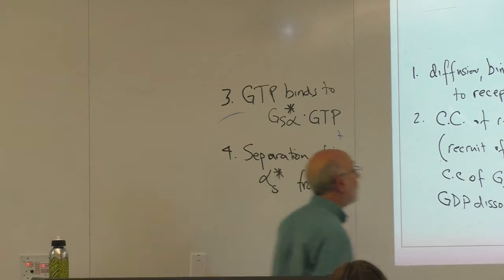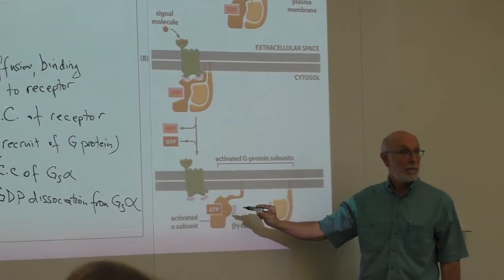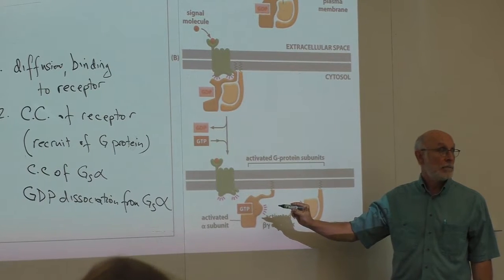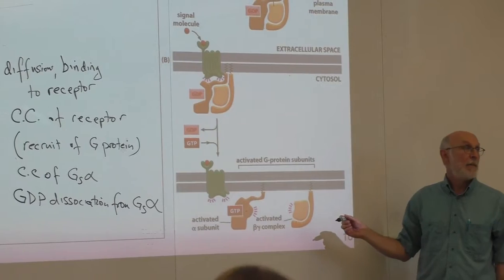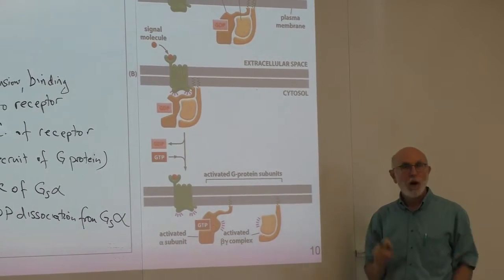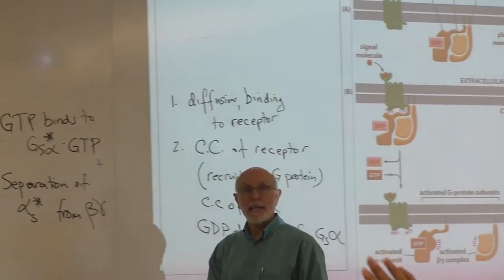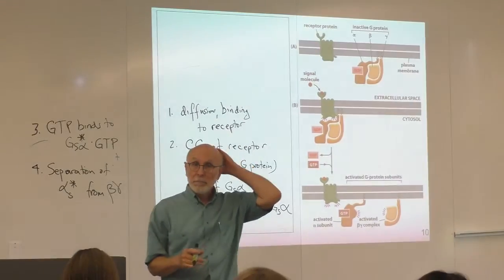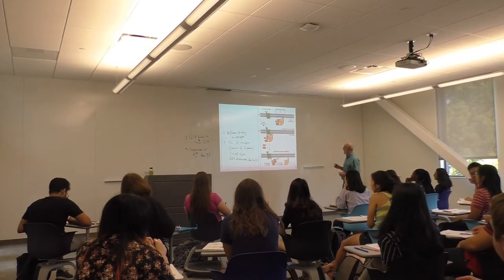The alpha S, the GTP bound alpha S, is active. The free beta gamma has some activity too. That's what this red broadcast thing is. Both subunits can have activity. Does the beta gamma subunit also undergo conformational change as it comes apart from the alpha subunit?